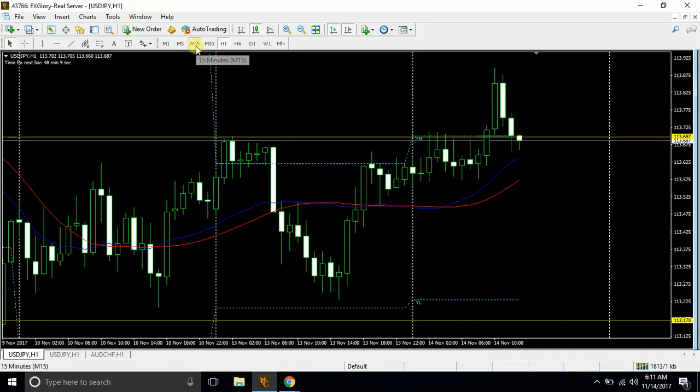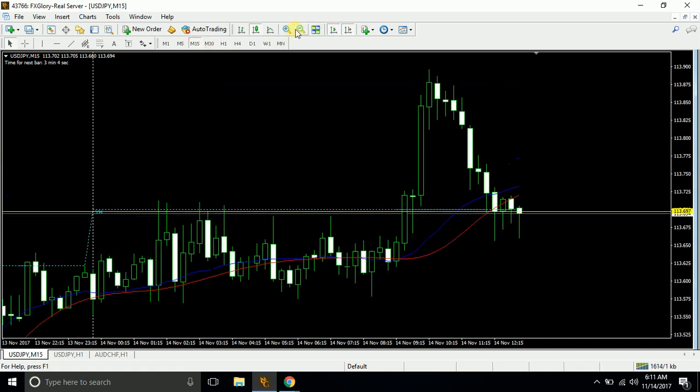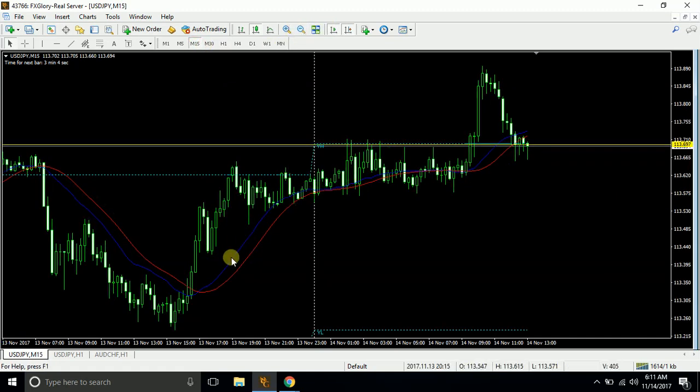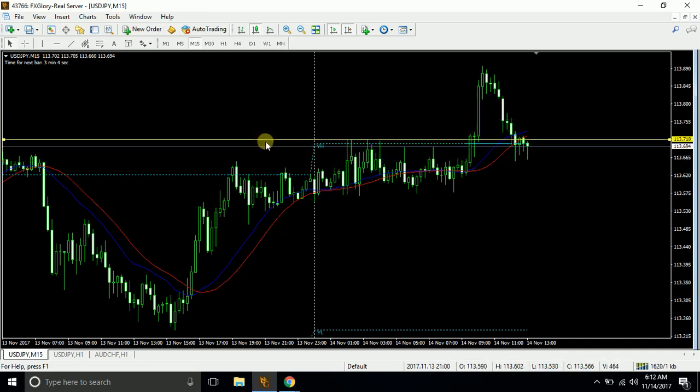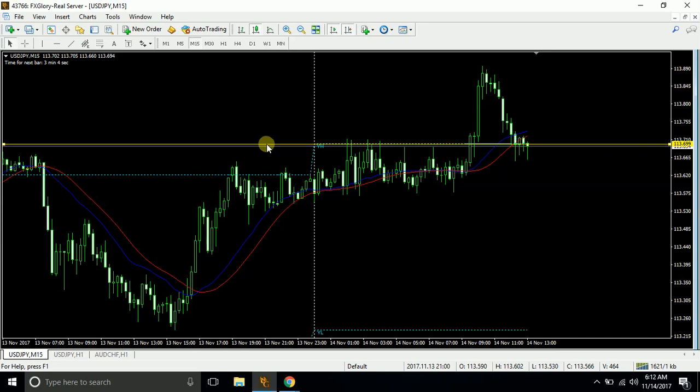So let's go ahead to the 15-minute chart. On the 15-minute chart, we do have an upward push, weight pushing price up, but we also have yesterday's high, and we already know that this level here is a level of resistance.